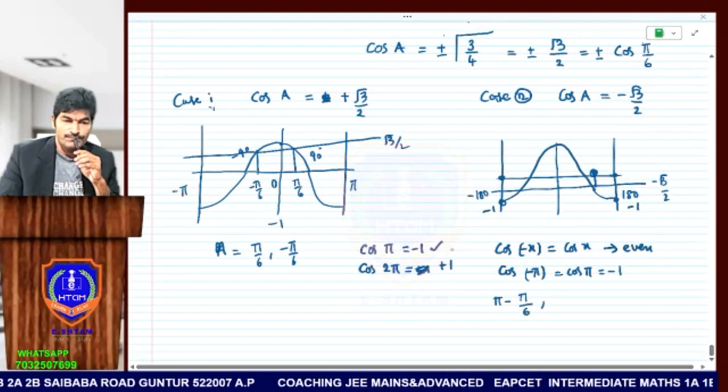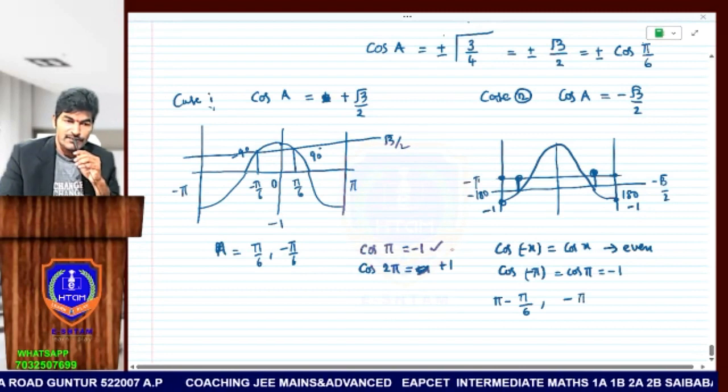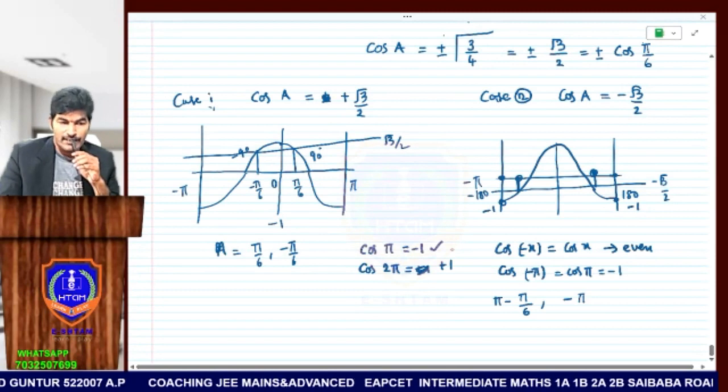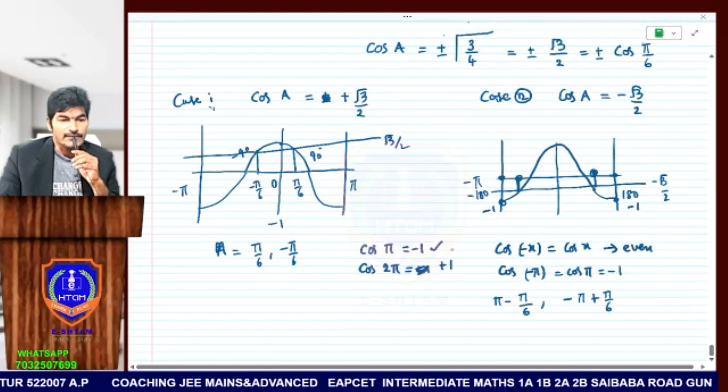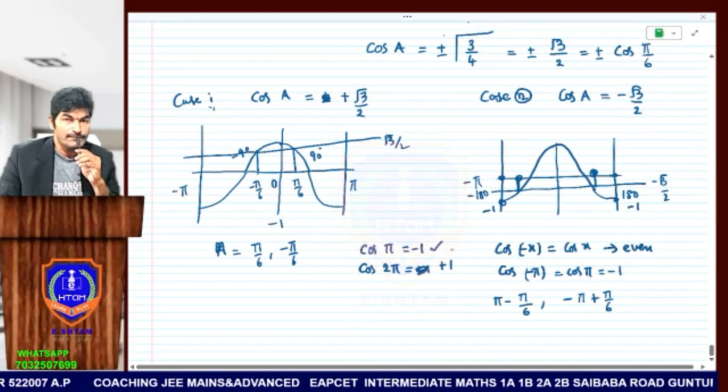This value and one more value. Look at this one more value here. It was minus pi. This is minus pi. This vertical line. Minus pi, it is above that. Above means you should add, right? Plus pi by 6. Understood this pattern?